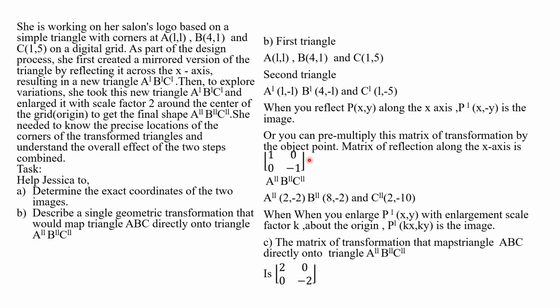Now, in most cases, just get the final coordinates, and then multiply the inverse of this matrix by this final image coordinates, and then I get that matrix. I got this matrix as the transformation.